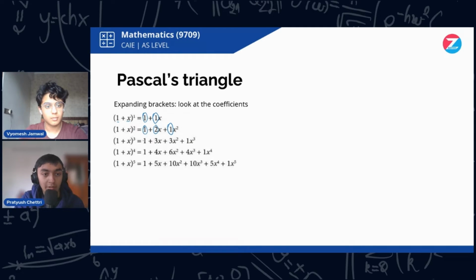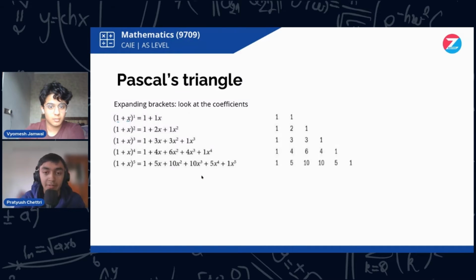And as we carry down, you can see the pattern. It's not so clear when you're looking at it this way. So let's put it in a triangle like this, and let's make it more triangular. And this triangle here is called Pascal's triangle.